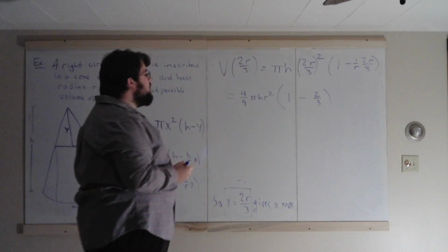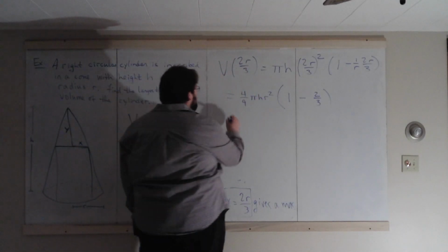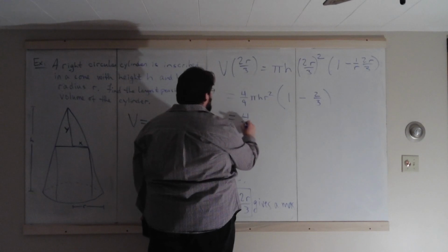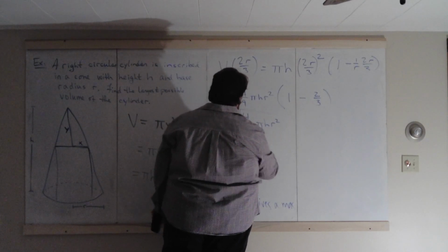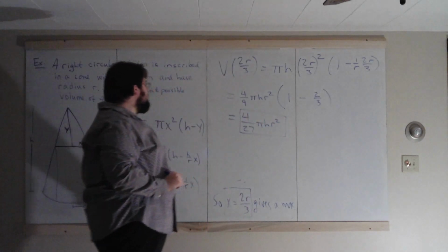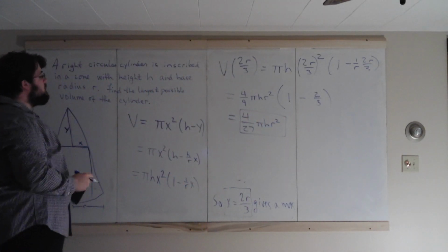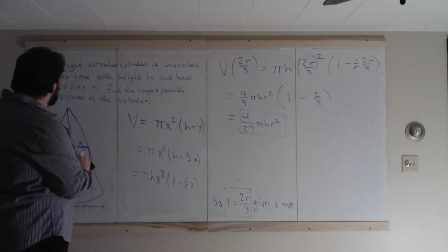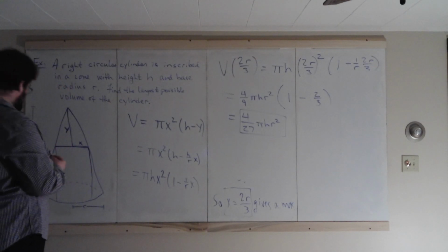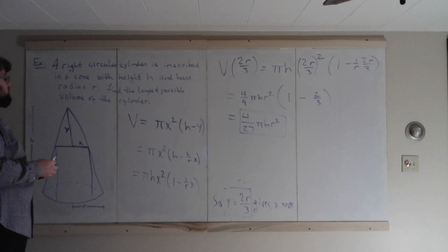And you're left with 1 minus 2/3, which is 1/3. And 1/3 times 4/9 is 4/27, and then the other constants are all constants. So find the largest possible volume.